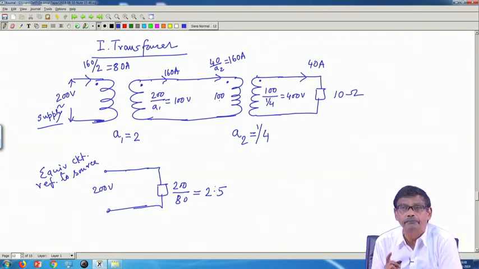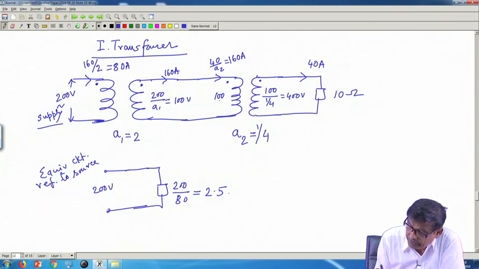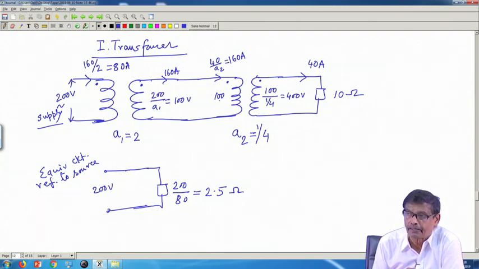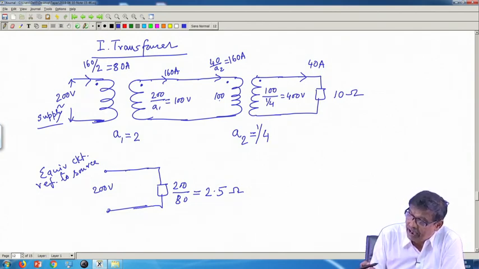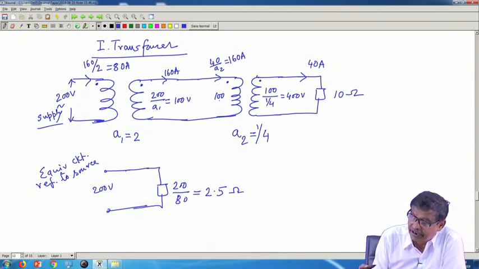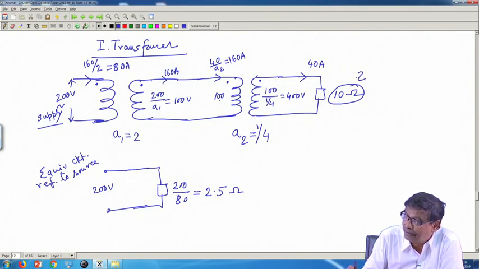Two 2.5 ohm, it is coming, 2.5 ohm. You see, I will now do what? This 10 ohm to this source, I will try to get back this same result. This is the original Z load.